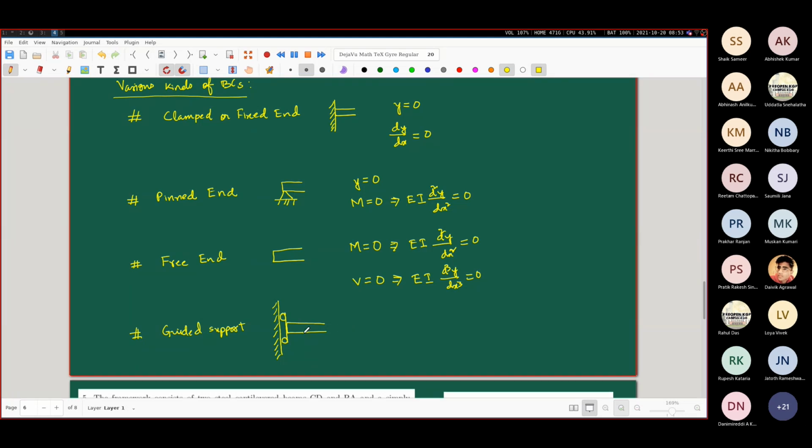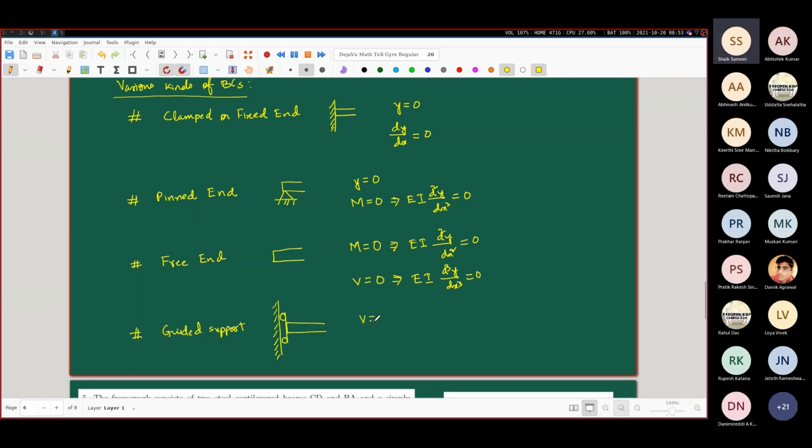You have actually encountered this situation in one of the tutorial sheets earlier. I think it was the one on shear force and bending moment diagram. Sir, moment equals to 0. No, not moment.